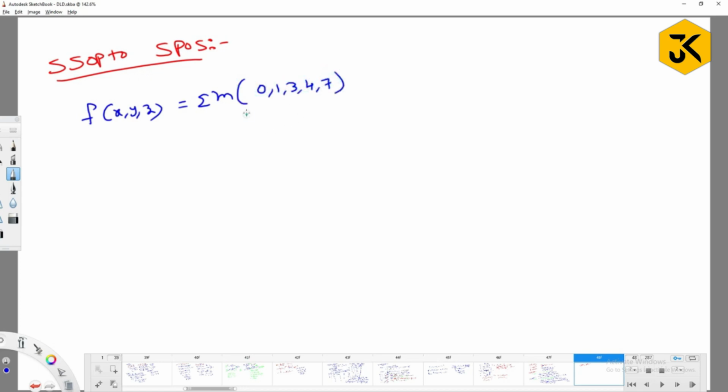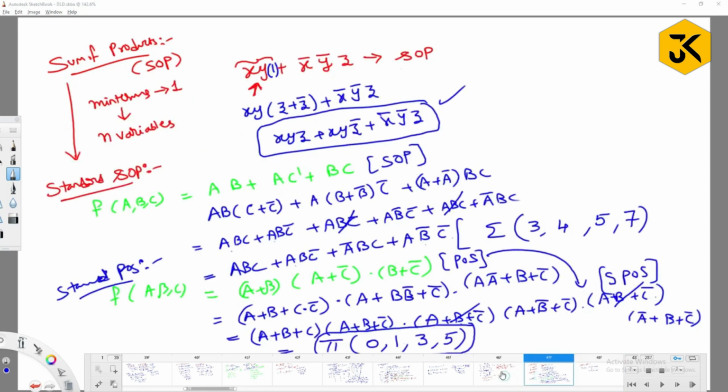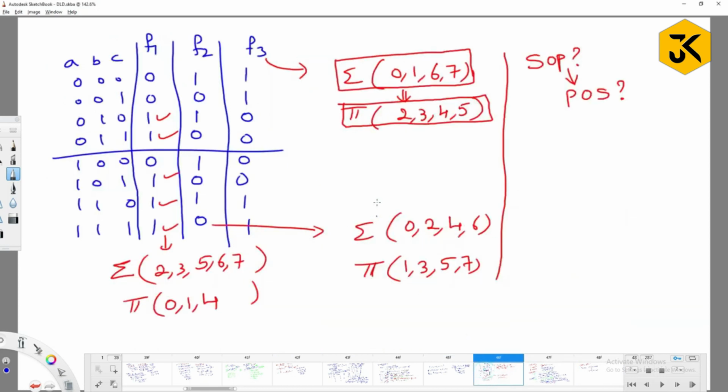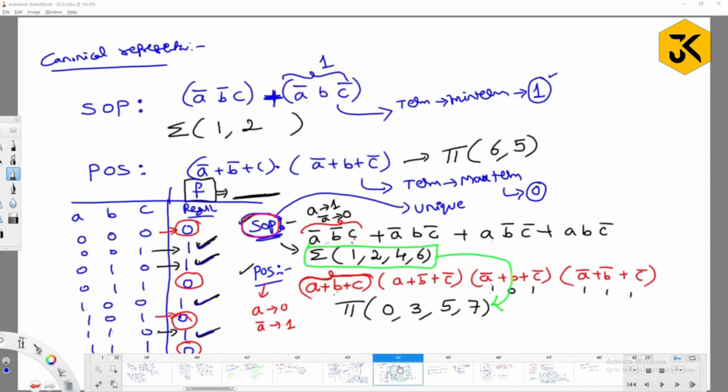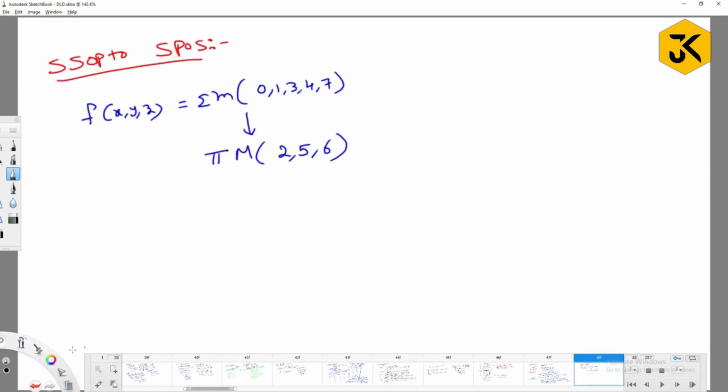What is the standard product of sums? Pi of capital M. You can simply write the values which are not available: 2 5 6. Min term is small m, max term is capital M. Like this you can define, right?